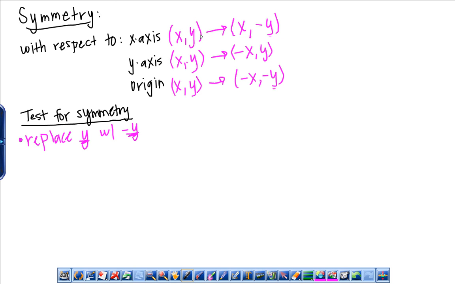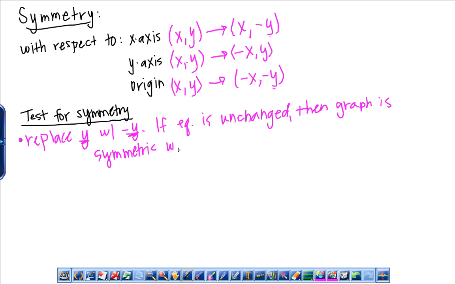That would be my x-axis. So if I replace a y with a negative y, if your equation is unchanged, then the graph is symmetric with the x-axis.